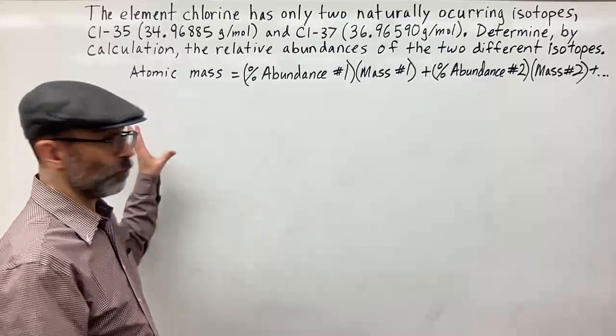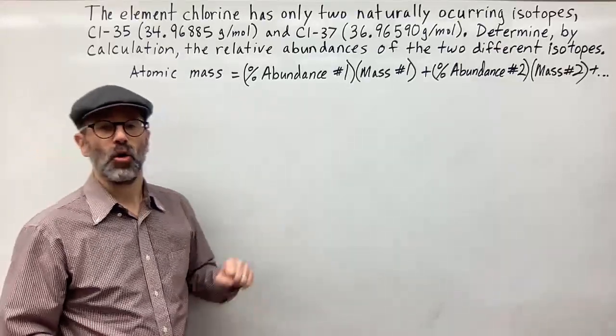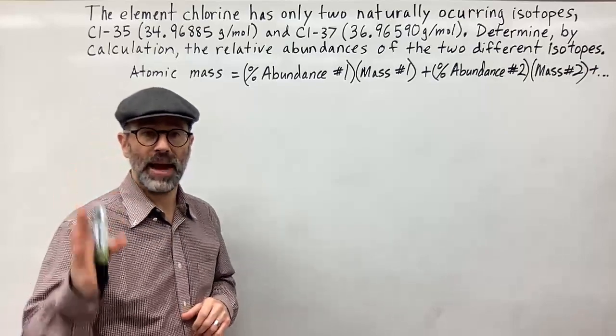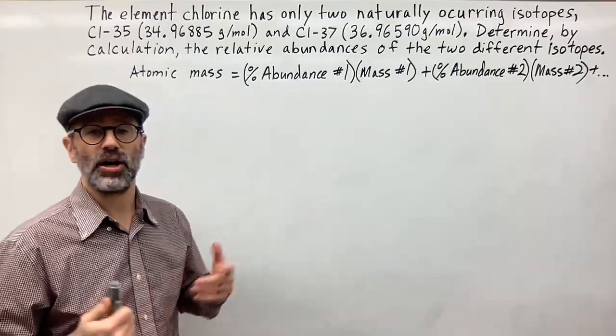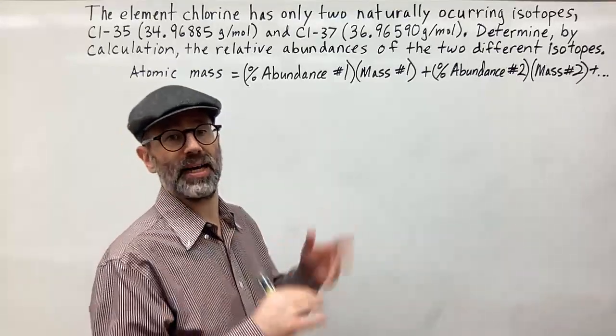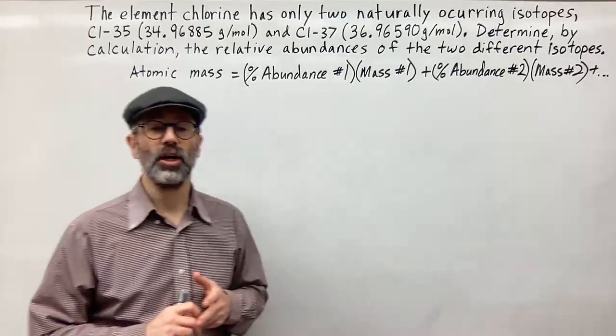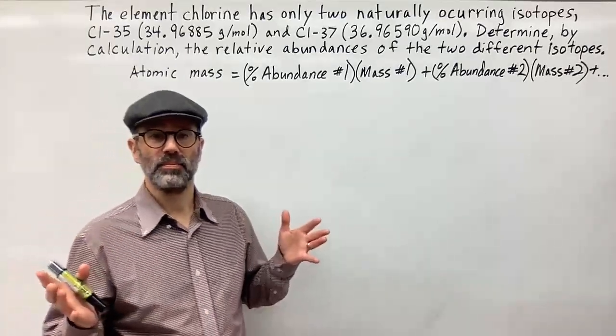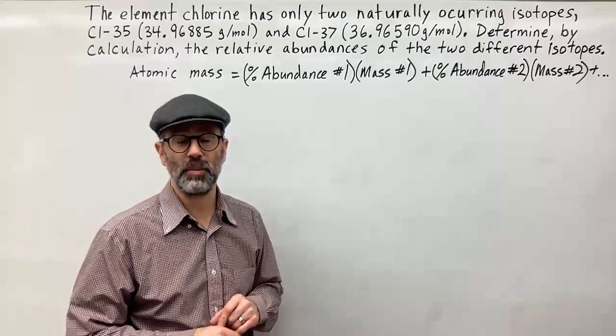Okay, so why is this useful for us? Well, they're giving us two isotopes, and they're giving us the masses, but the masses here are in molar masses. That doesn't matter, because remember, molar mass and atomic mass are closely related, and they're basically going to be the same number.